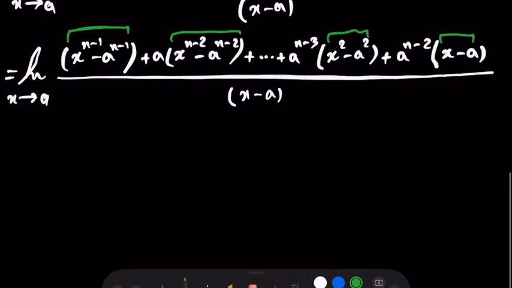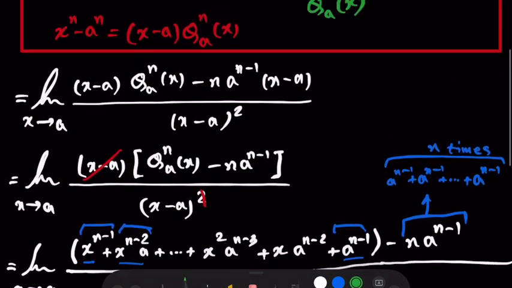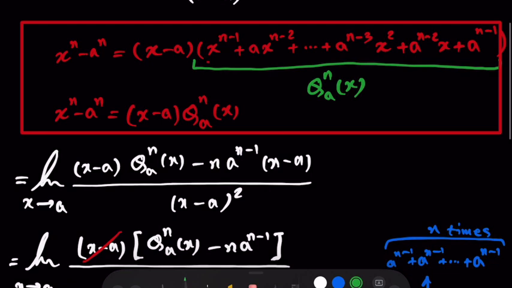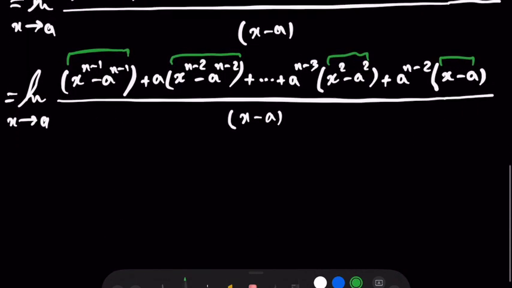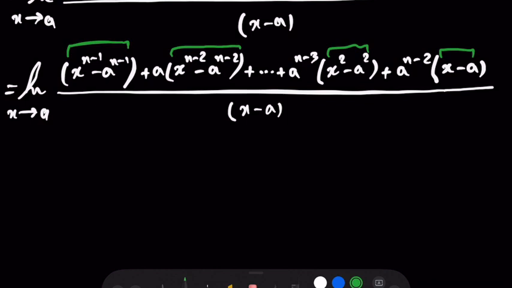So we need to use the identity we had here, this one in the red box, but each time for different values of n. Here we have the formula for n, so we need to use it for n minus 1, for n minus 2, down to 2 and 1, okay, for n times, to rewrite each of these terms using that identity.